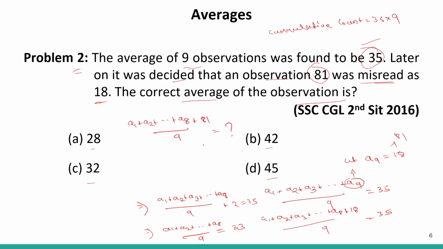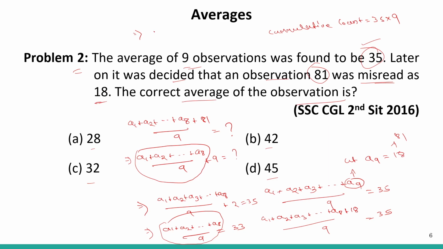So the correct average of the observations will be A1 plus A2 plus dot dot dot plus A8 by 9 plus 9, which is what we want to calculate, right? But just observe here that we have actually found out this term right here.